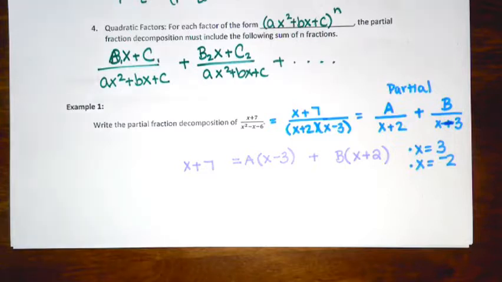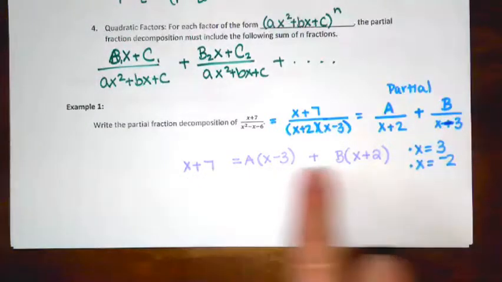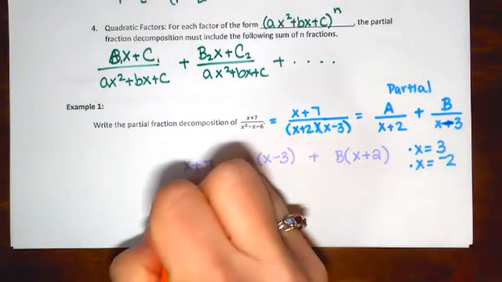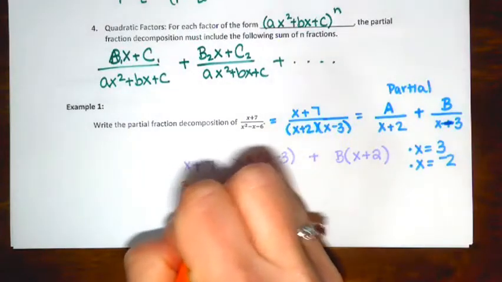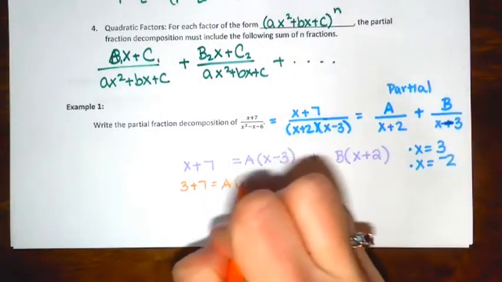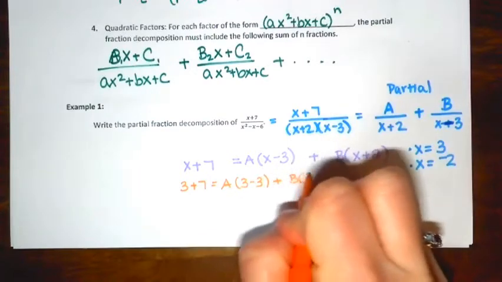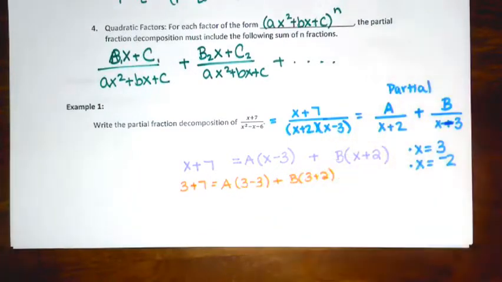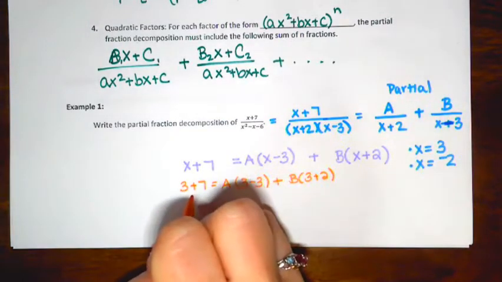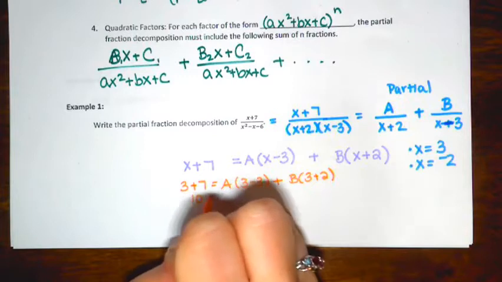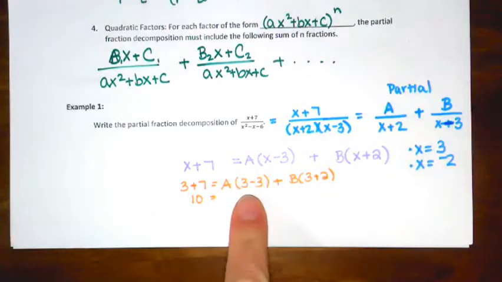3? Okay. So we're saying x is 3. So I'm going to go ahead and plug 3 in for x. So 3 plus 7 equals a times 3 minus 3 plus b times 3 plus 2. What's 3 plus 7? 10. 3 minus 3? 0.